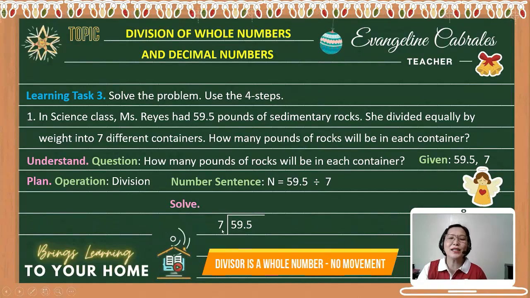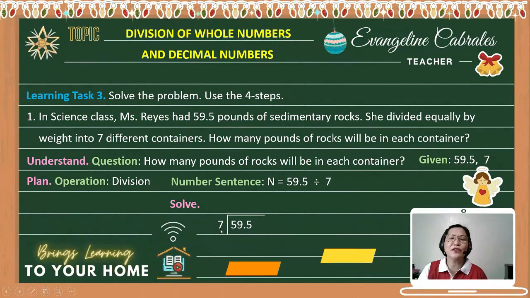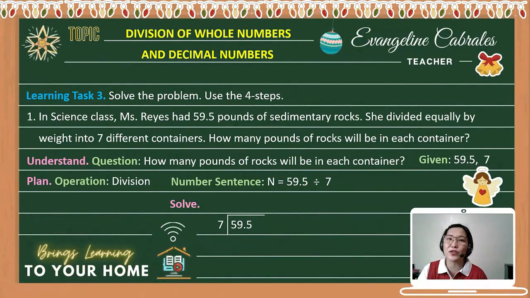Hindi. Kapag ganito, na ang given ay whole number, kapag ang divisor ay whole number, kahit may decimal point or decimals ang nasa dividend, hindi kayo mag-uusod to the rightmost. You will not move to the rightmost, ha? You will not move the decimal point. So, it will still be the same. Ganoon pa rin siya.